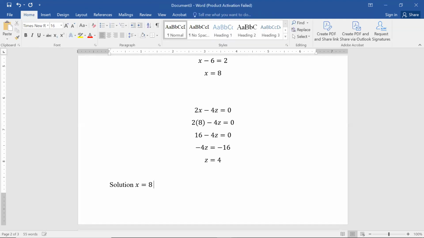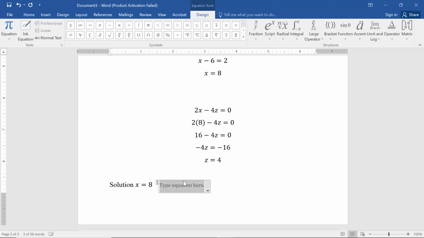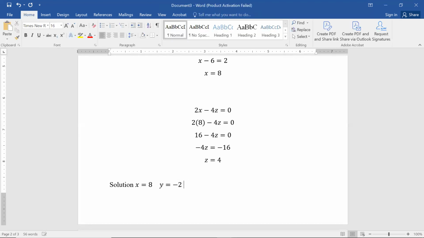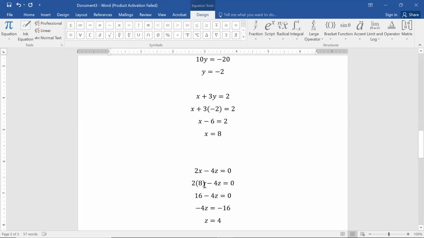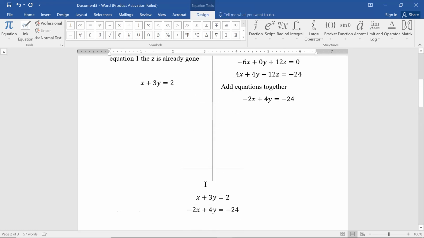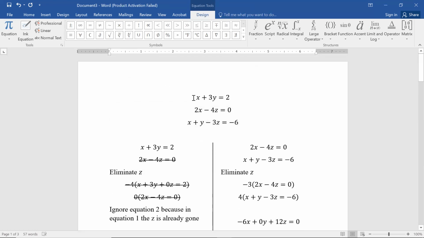So x is 8, y is -2, z is 4. Okay. Now, because I made a couple of mistakes, I feel like I should probably check my answer. If you want to check your answer, plug in those values into each of these 3 equations.